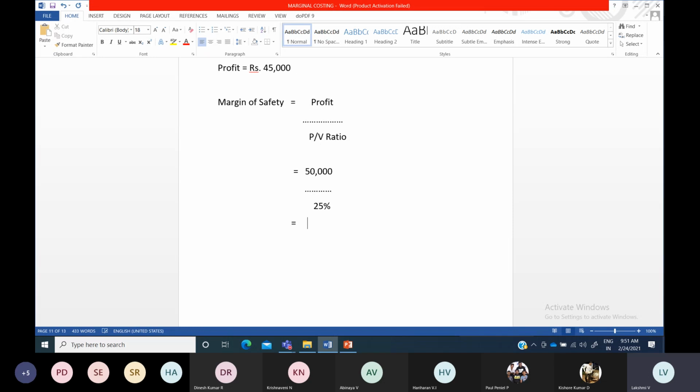Okay, so just find out now 50,000 divided by 25%. 25% means 0.25. So 50,000 divided by 0.25, how much you are getting? That will be your margin of safety.